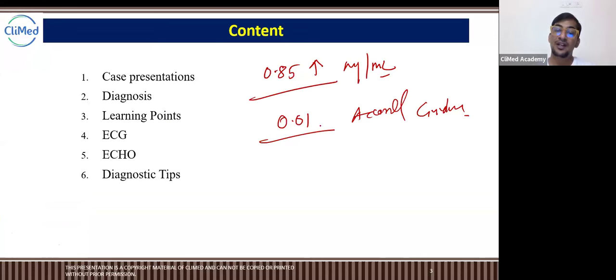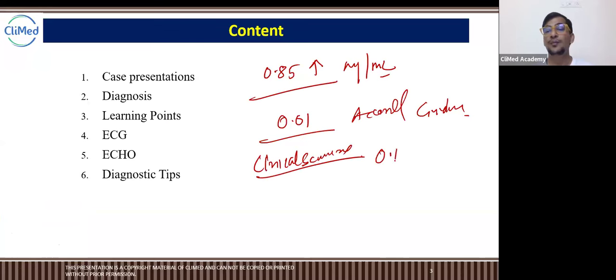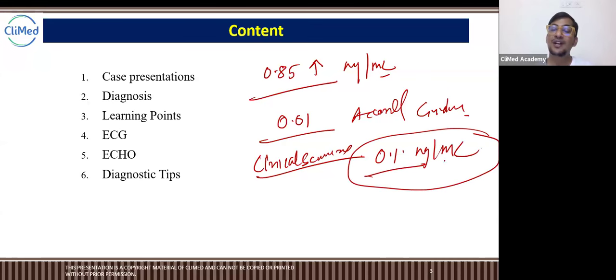But in clinical scenarios, it can increase 10 folds without any reason, maybe because of a little injury, or the kidney functions, or the liver. Multiple things are there, guys. So it can increase to 0.1 ng per ml. So clinically, we consider 0.1 ng per ml as the normal level of troponin T.